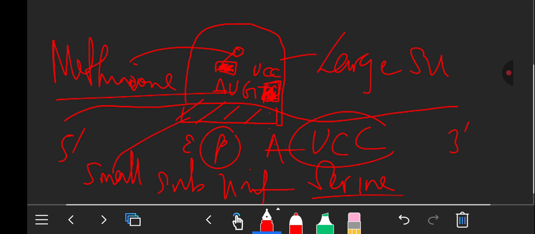All you need to understand is that when the tRNA binds to the amino acid, it forms a complex.